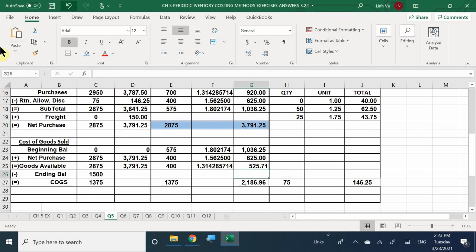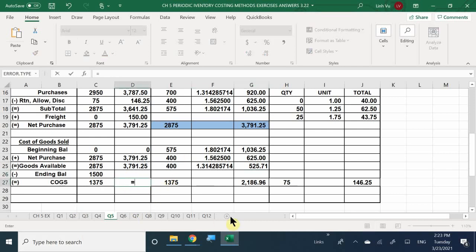So here's my grand total here. For selling 1,375 units, I got a grand total of 2186.96. Okay?